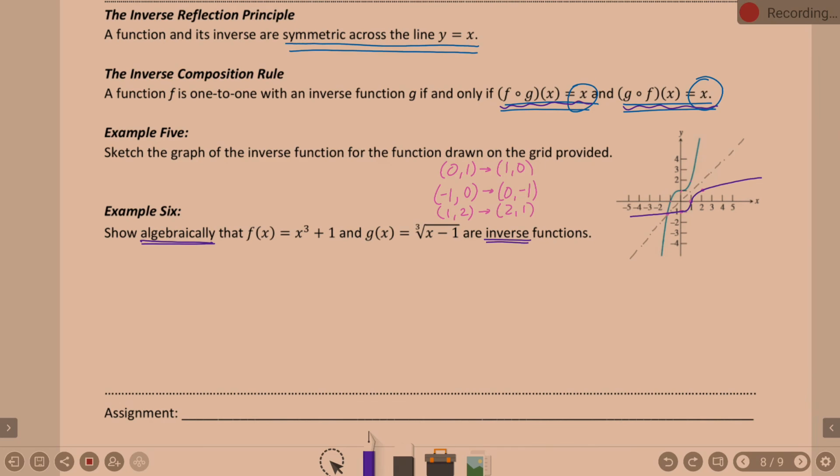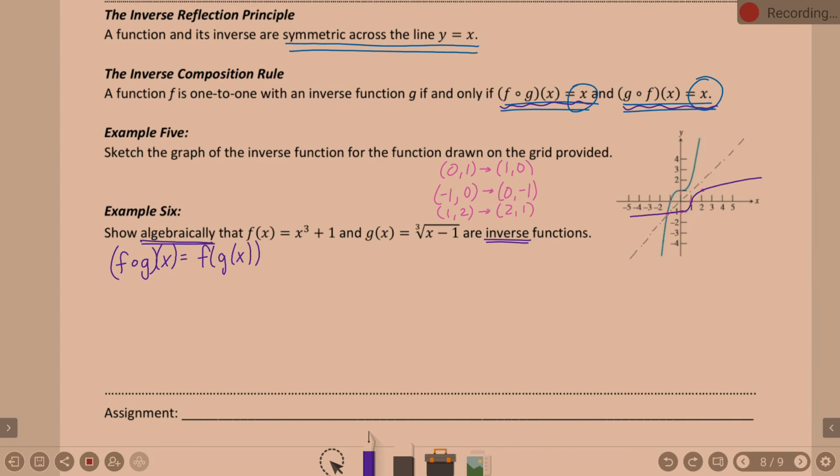So let's try these. Let's start with f composed with g. What do you mean by equals x? It will literally equal x. So f composed with g means we're doing f of g of x.